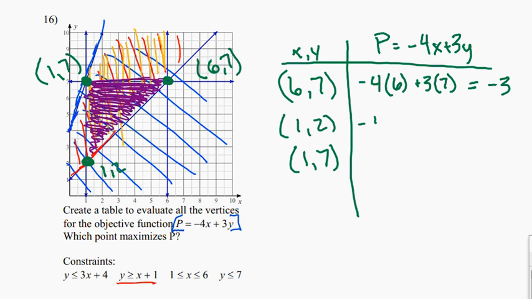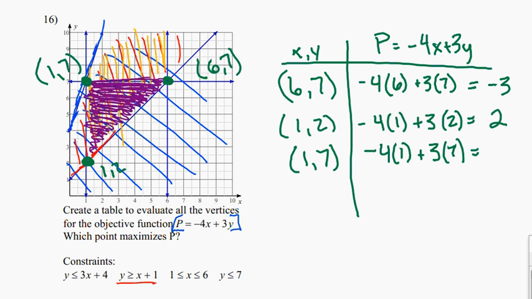Then we've got negative 4 times 1, plus 3 times 2, negative 4 plus 6, and that is a positive 2, so that's good, that's profit. Negative 4 times 1 plus 3 times 7, here we go. Negative 4 plus 21, that is 17. So 1 comma 7 maximizes P.